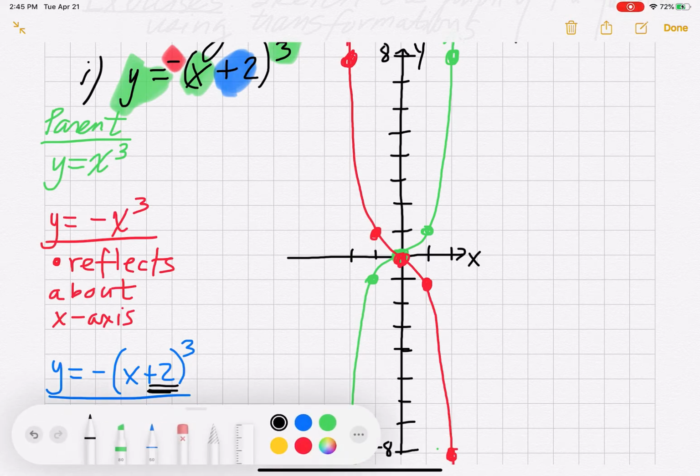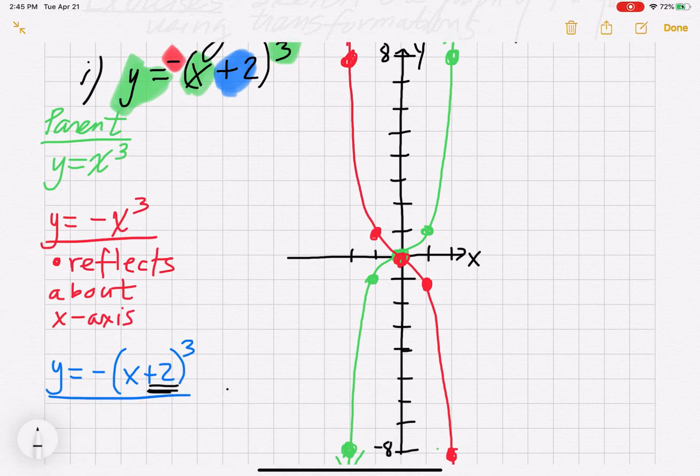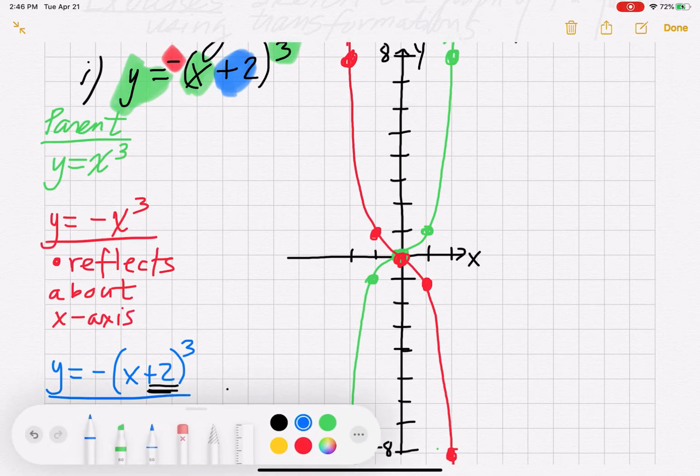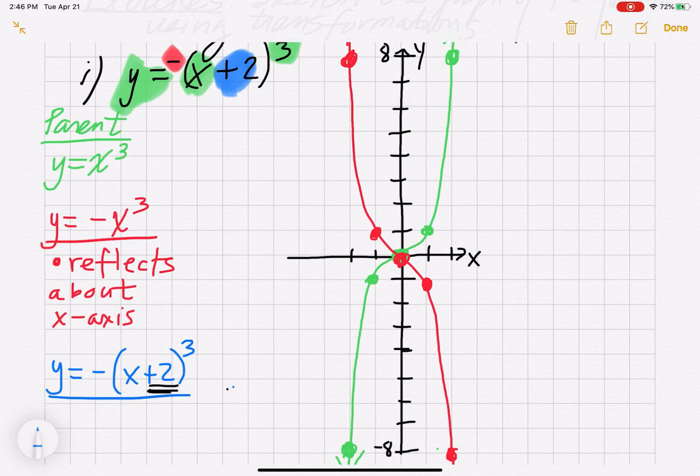It shifts it horizontally. Which direction? What's the opposite of the sign when you're inside of the house? So it's going to be to the left. It shifts left 2 units. When it's outside of the house, it's the same as the sign. When it's inside of the house, it's the opposite of the sign. So if it says plus 2, you move left 2.